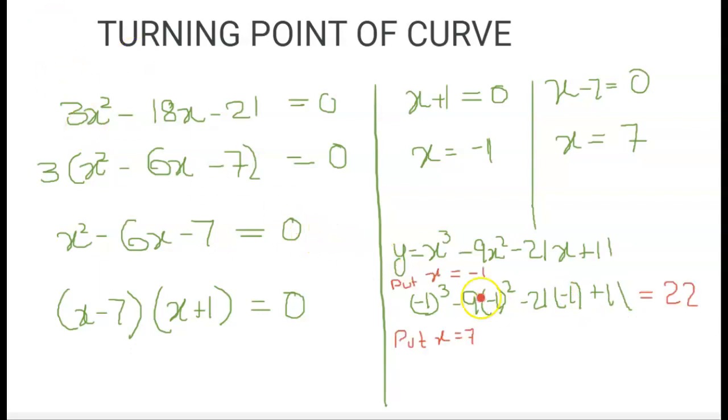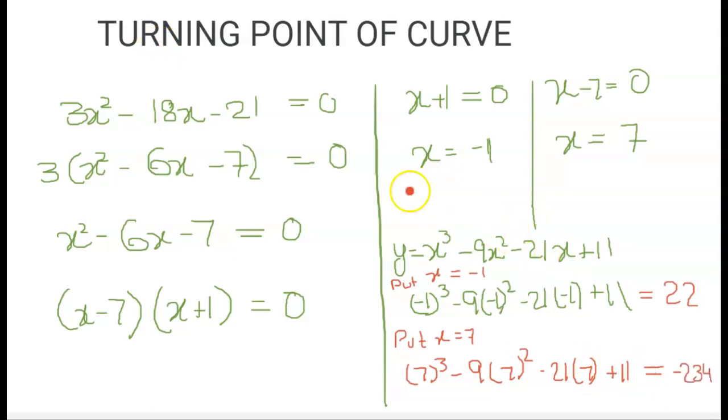When you put x equals minus 1, you got the answer 22. Now you need to put x equals 7 to find the other turning point. Exactly the same, so not minus 1 cubed, 7 cubed, minus 9 times 7 squared minus 21 times 7 plus 11. And that will give you another answer.